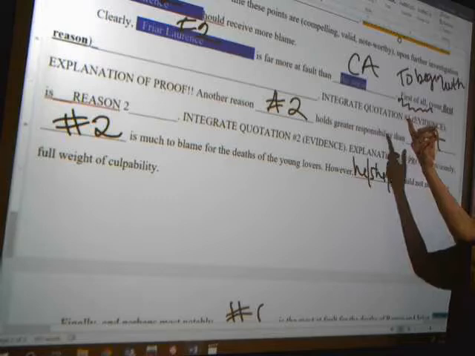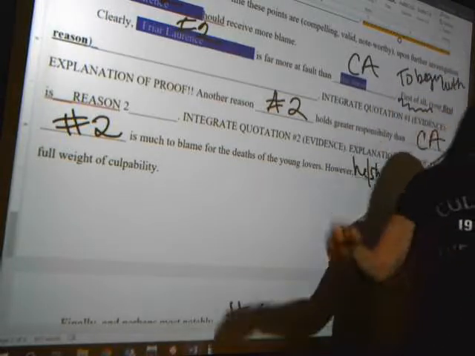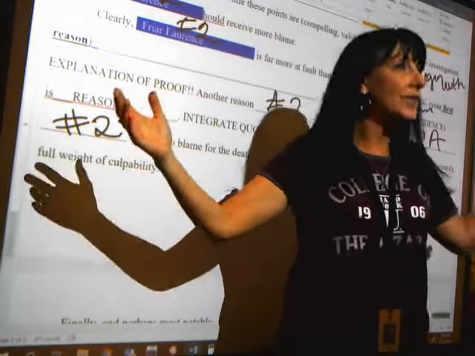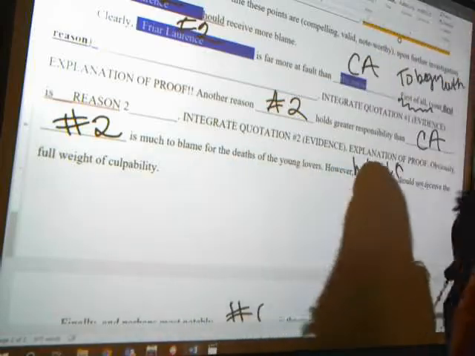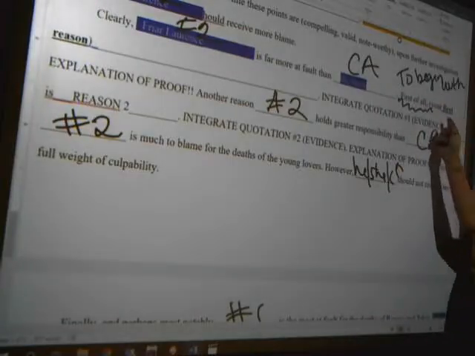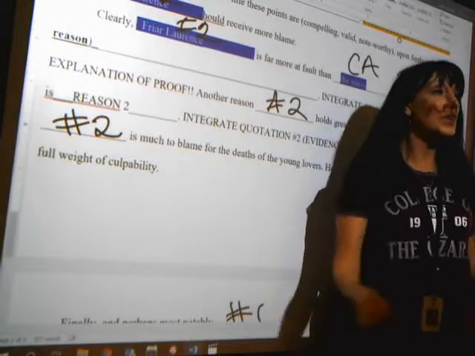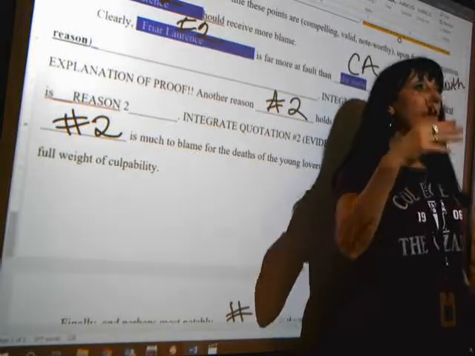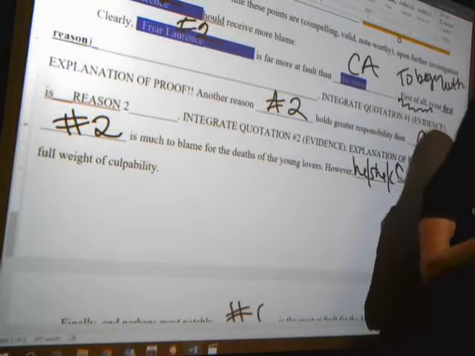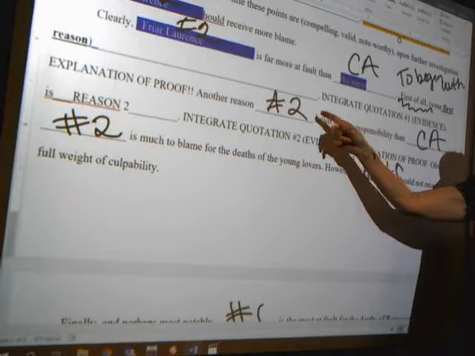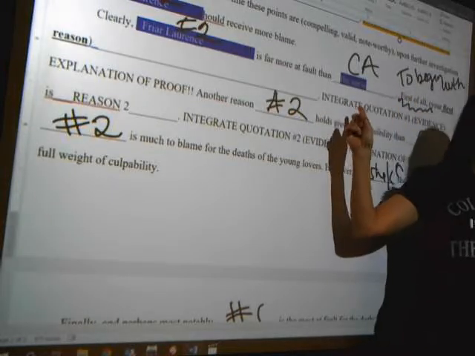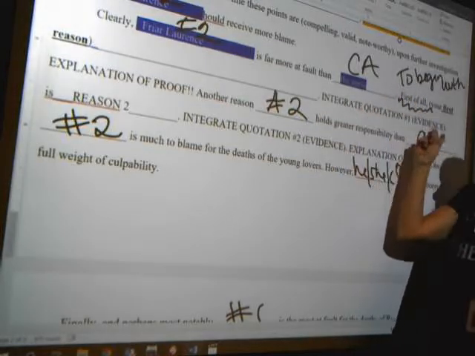First of all, or to begin with, or something like that, check out the transition sheet. You might find something else you like, okay? So, and then you go with your first reason why. So you're on 3B, your first reason for character of second most responsibility. Then you integrate your quotation for that reason, and then you explain.